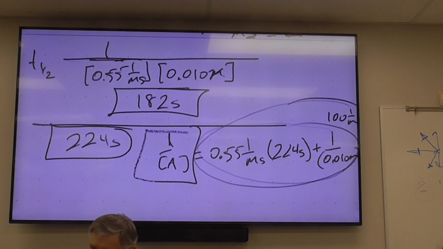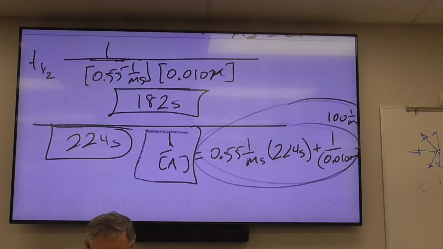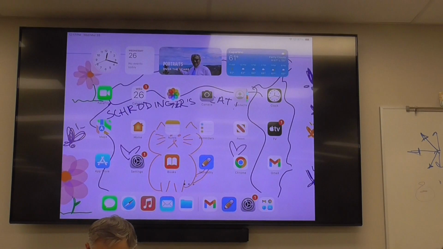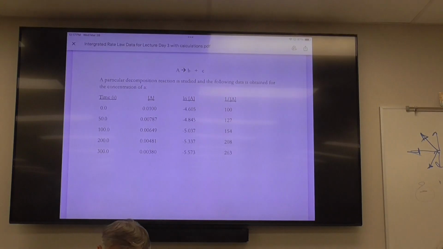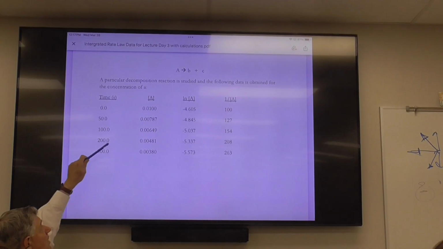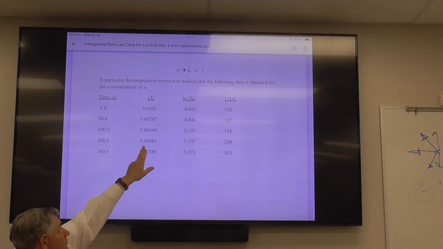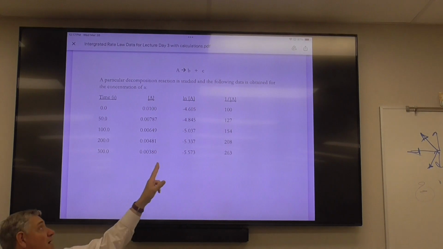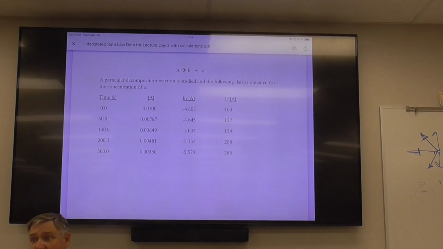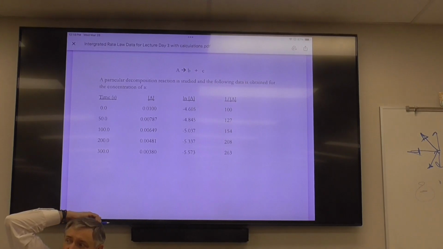Now, before you do any calculations, let's just think this through. Because she picked 224 seconds, what does my concentration have to be between at that point? It has to be somewhere between 0.00481 and 0.0038. If it's not, something has gone horribly wrong. That's why I said you can go back and look at your data and ask, does that make sense?